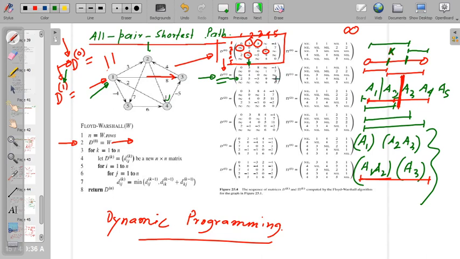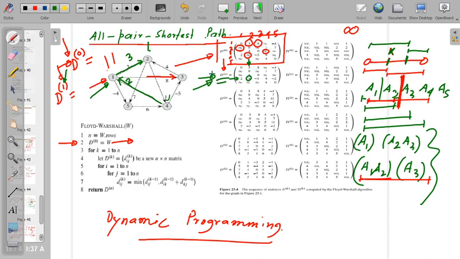Via 1, how can I reach 4 to 2? This path has cost 2 and this path has cost 3. So 2 plus 3, 5. Previously 4 to 2 was infinity. Now it should be updated with 5. So let us check this D1 whether it is updated with 5. Yes, it is updated with 5.